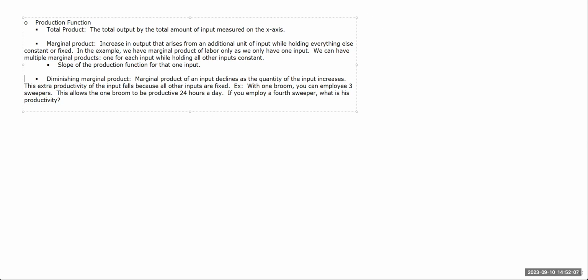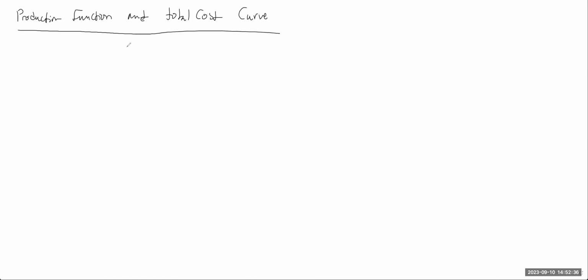So let me show you the cost curve and tell you why it looks the way it does. Okay, production function and total cost curve.